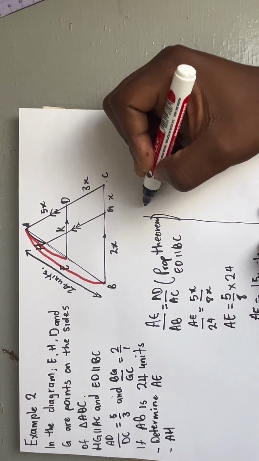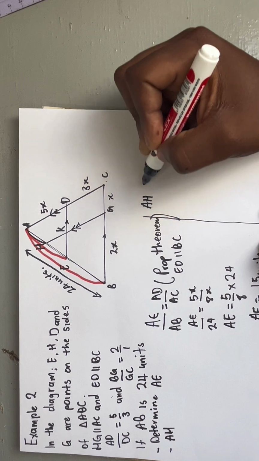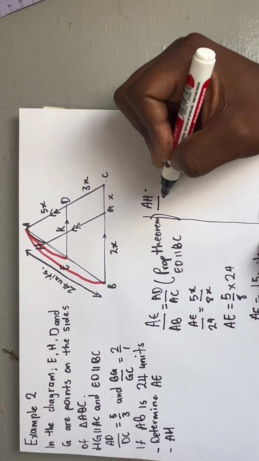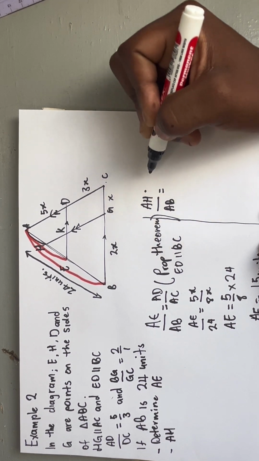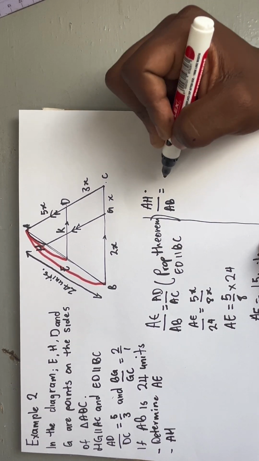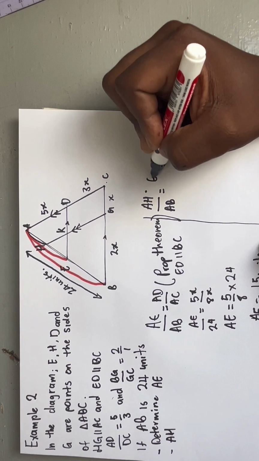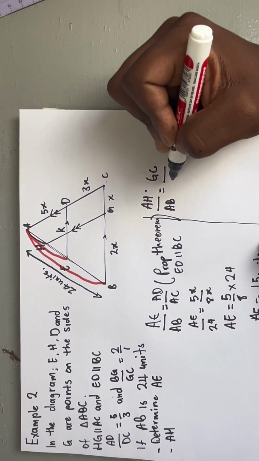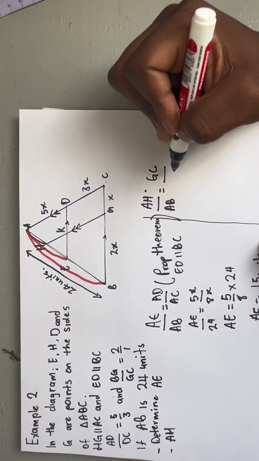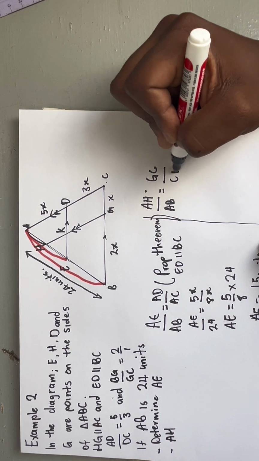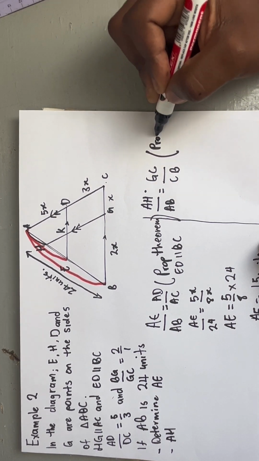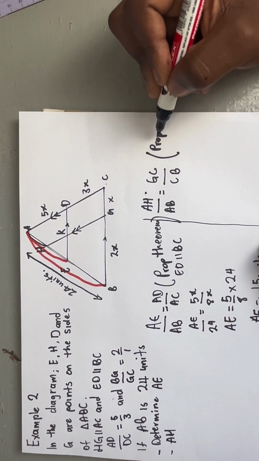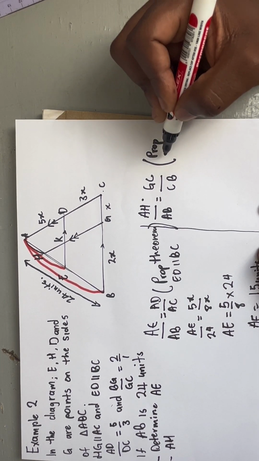So which means I can say, AH over AB, because I'm given AP in proportion with GC over CP, and the reason is the proportionality theorem.